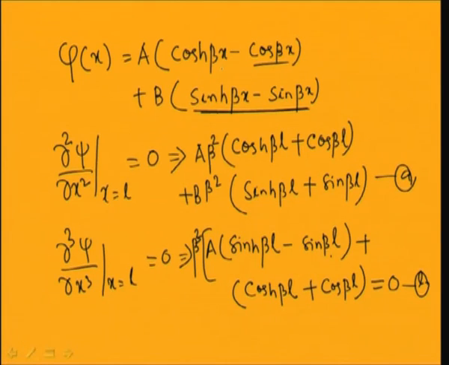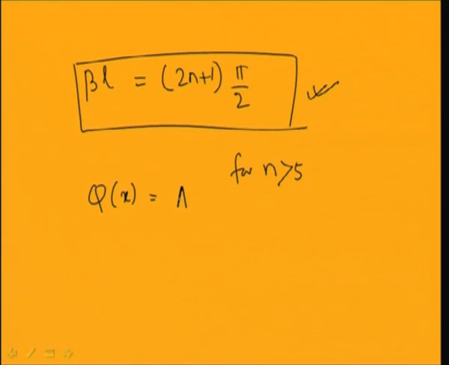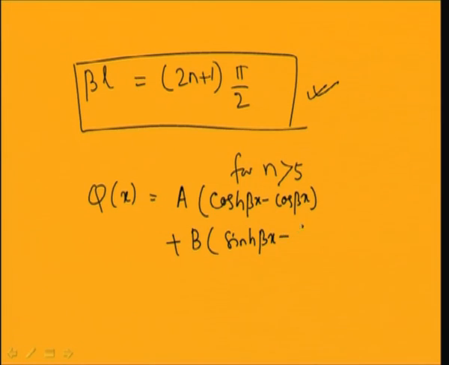phi x equal to a into (cosh beta x minus cos beta x) plus b into (sinh beta x minus sin beta x), and you can take this b common.